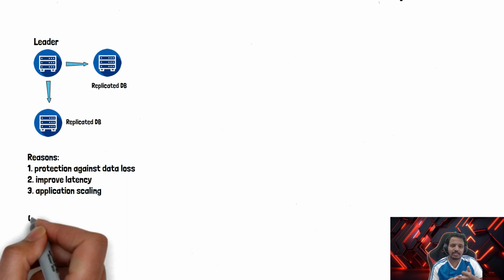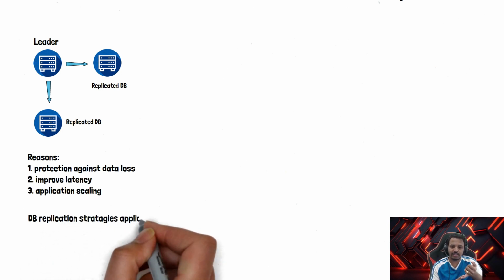Instead of redirecting that request to the main database or the leader database, you can simply redirect it to the replicated database, so the main database which is handling the write operations will not get impacted performance-wise. That is just one example of improving the latency of the database by having the request redirected to the replicated database. Now the third is application scaling.